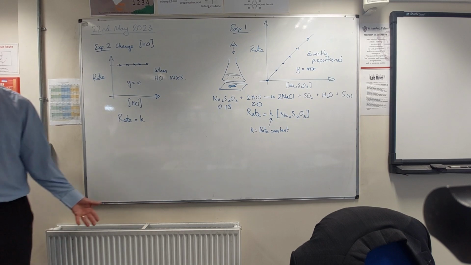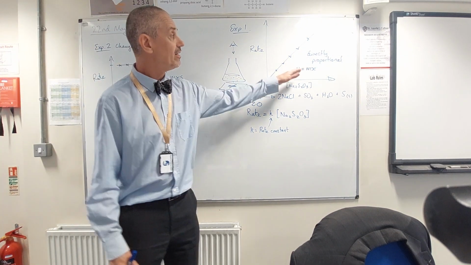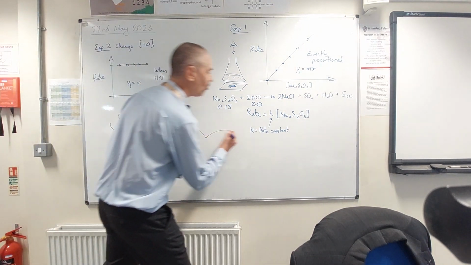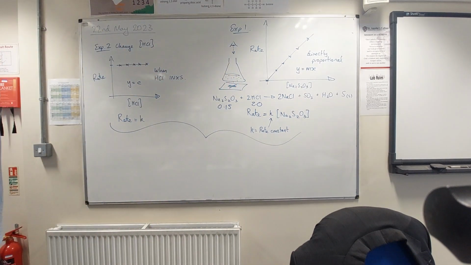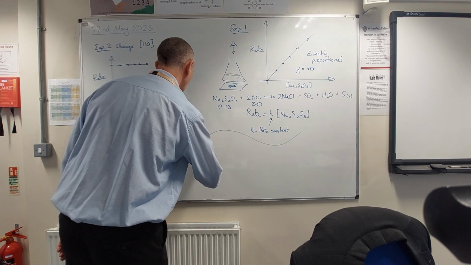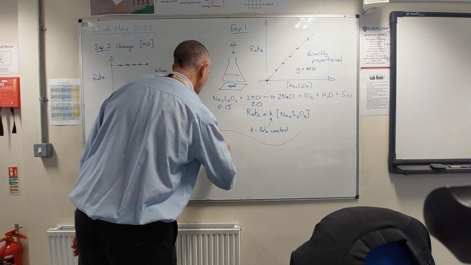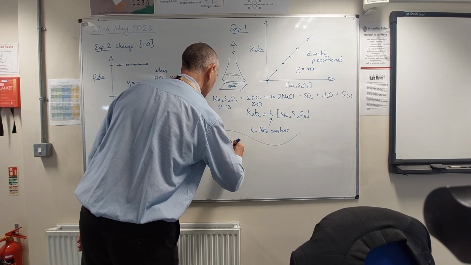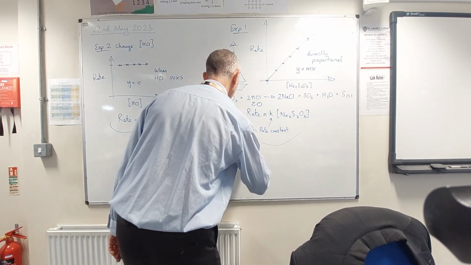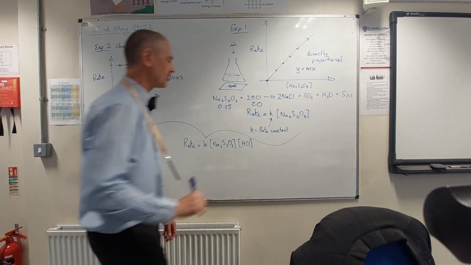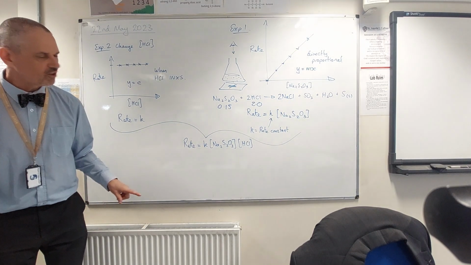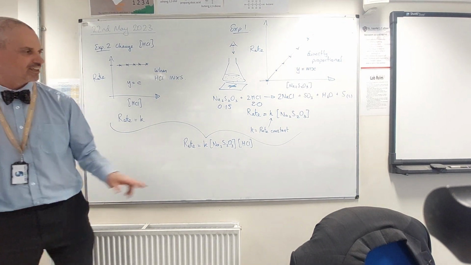So I could do two sets of experiments. I could do my experiment for thiosulfate and do my experiment for HCl, and then I could take all of that data and stick it together. And I could say, okay, so rate is affected by the concentration of thiosulfate. It's not affected by the concentration of HCl. So I'm going to do a little bit of maths, sleight of hand.